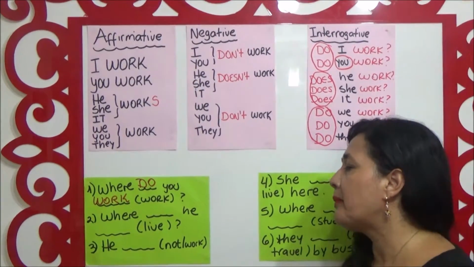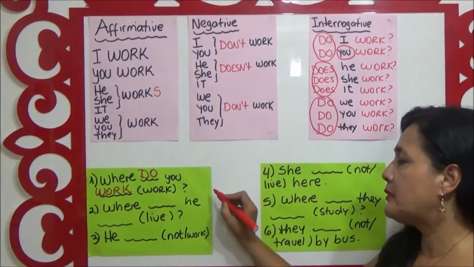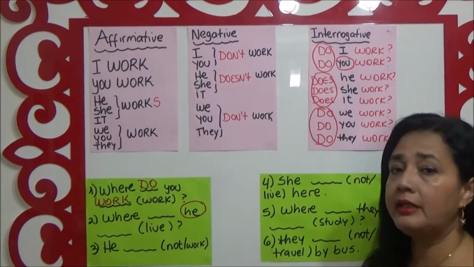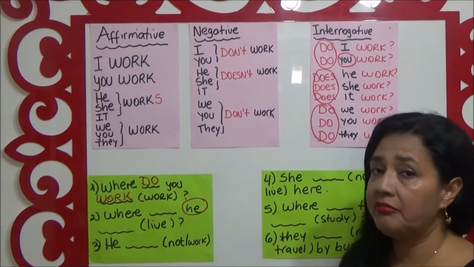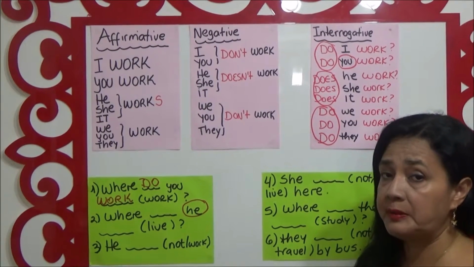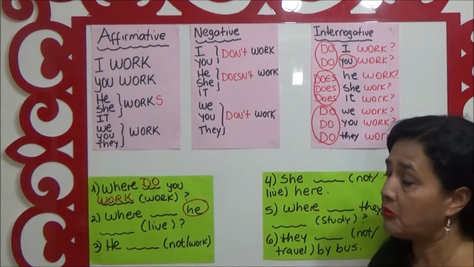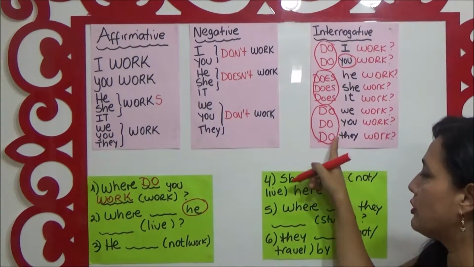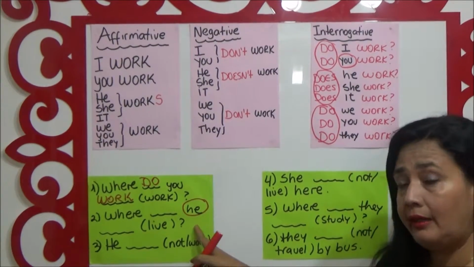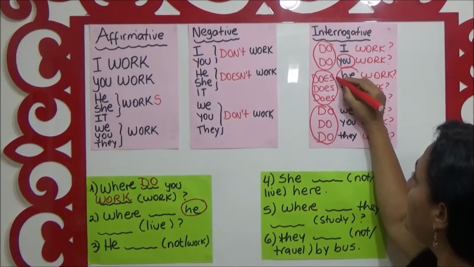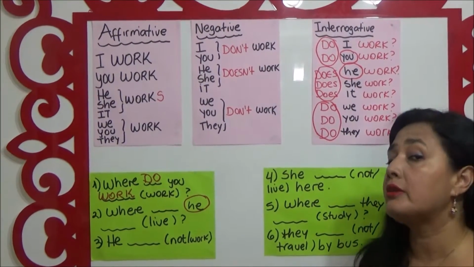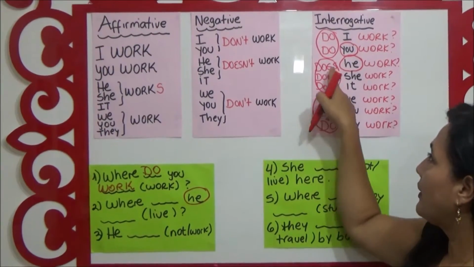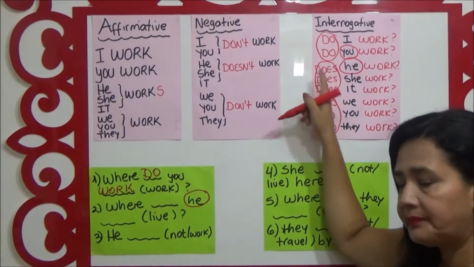In sentence number 2, the subject is he, and the verb is live. Live and work are similar verbs because we need a final S. When we have a question and the subject is he, we need another auxiliary, and the auxiliary is does.